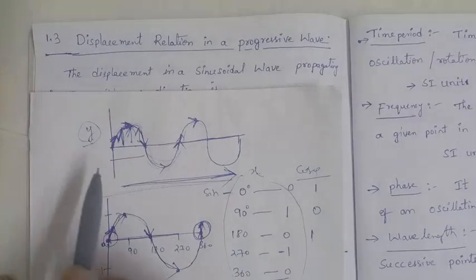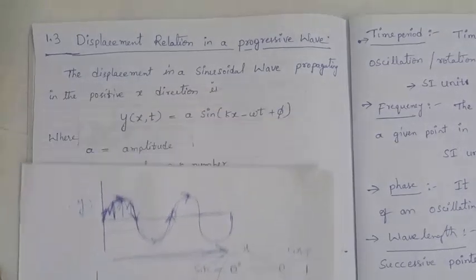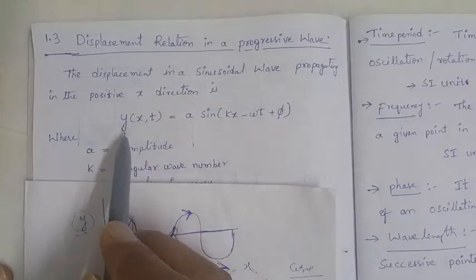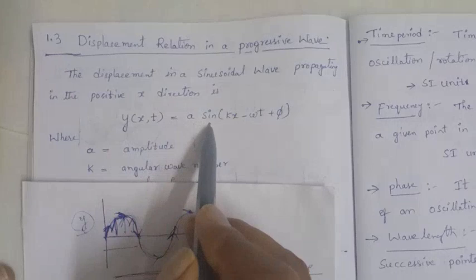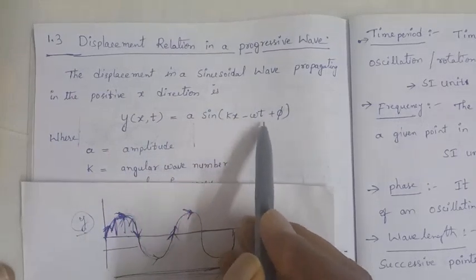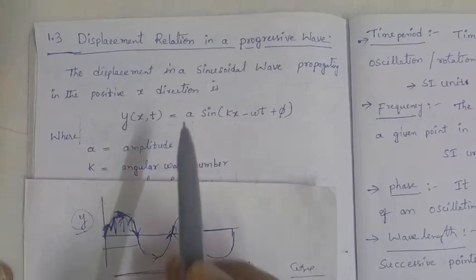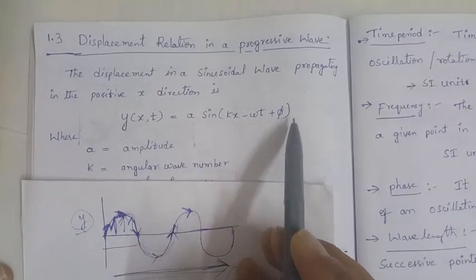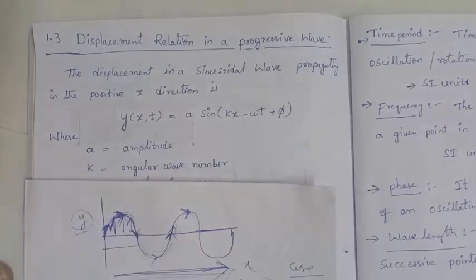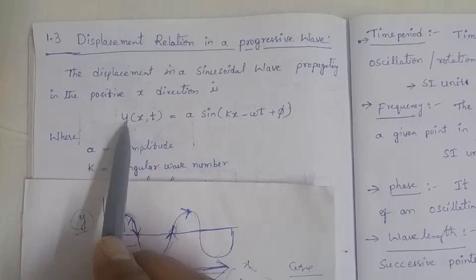For that purpose, we can introduce one relation, that is y of x comma t is equal to a sin(kx minus omega t plus phi). So all these variables depend on y.